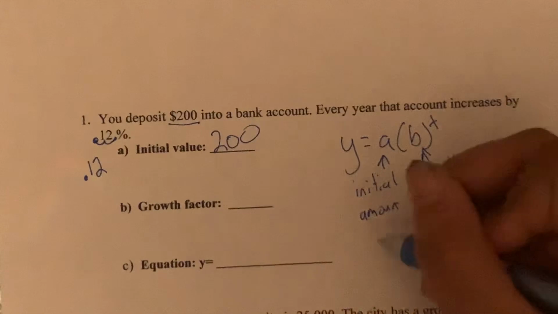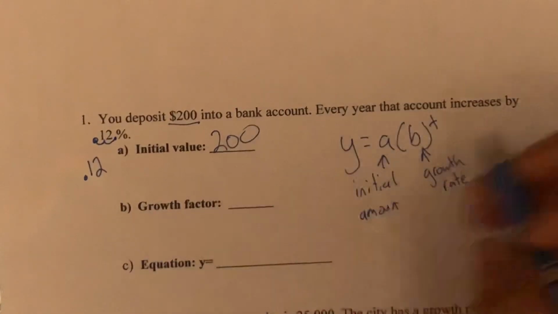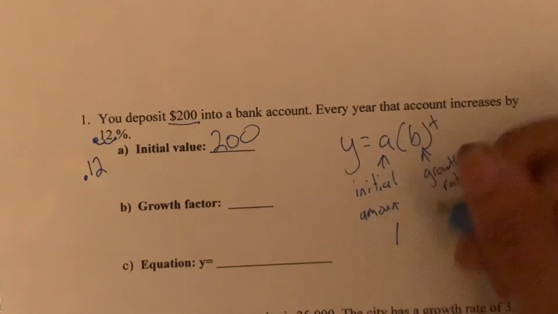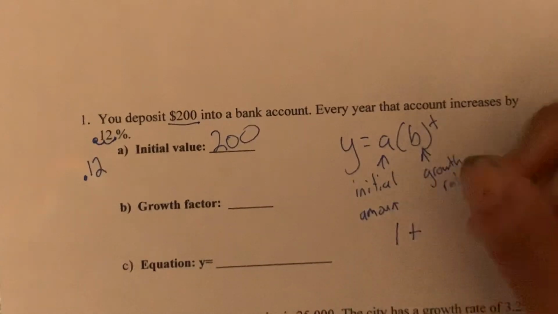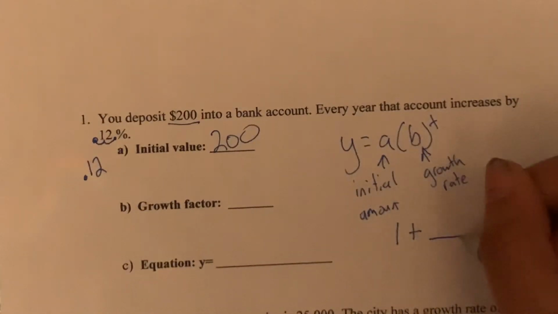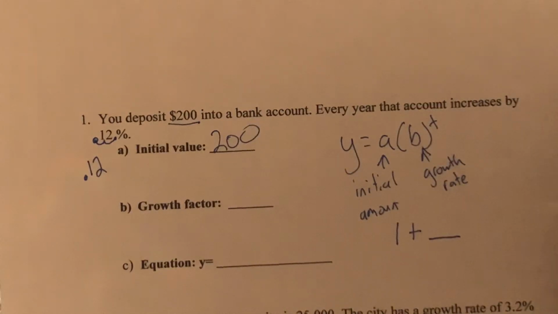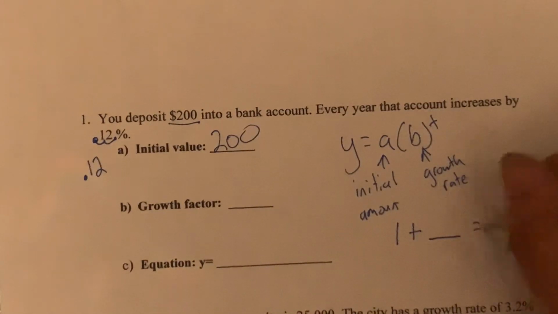So the formula to find the growth factor is 1 plus the growth, the amount that it increases by, and that's how you get the growth rate.